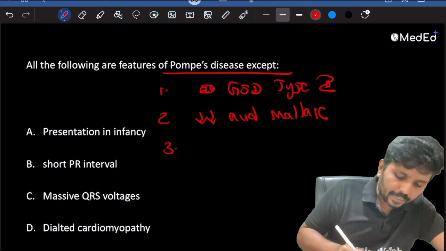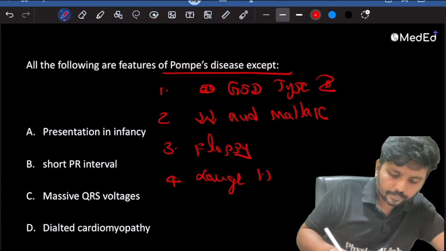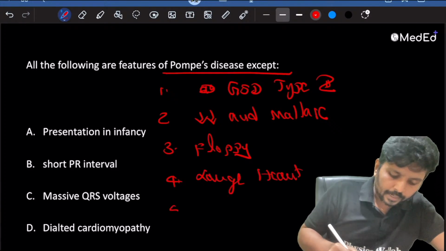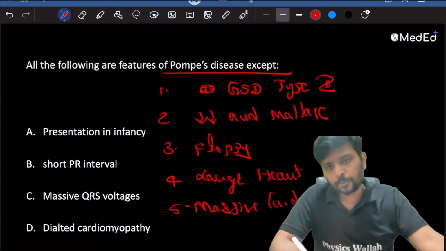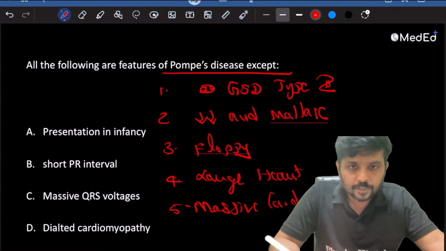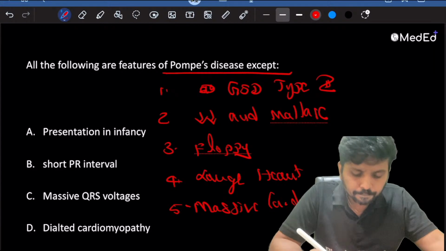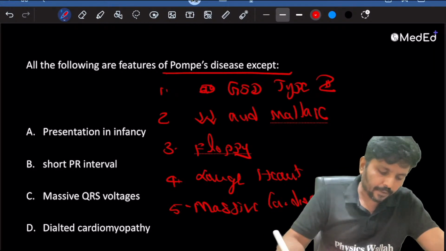It is characterized by a triad of floppy infant, large heart, and massive cardiomegaly. Remember, only two things can cause massive cardiomegaly in a newborn. One is Pompe's disease and another is Epstein's anomaly.